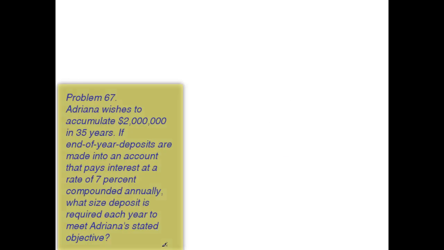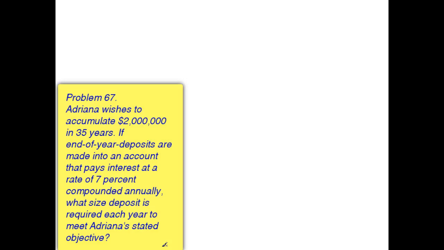Okay, now we move on to problem 67. Let's read problem 67. Adriana wishes to accumulate $2 million in 35 years. If 35 end-of-year deposits are made into an account that pays interest rate of 7% compounded annually, what size deposit is required each year to meet Adriana's stated objective?